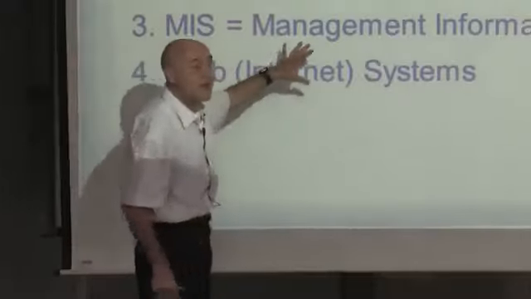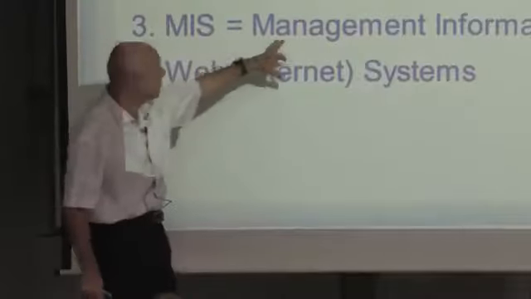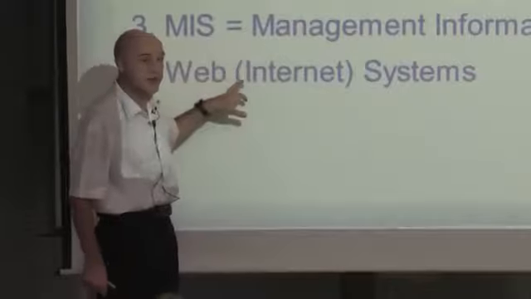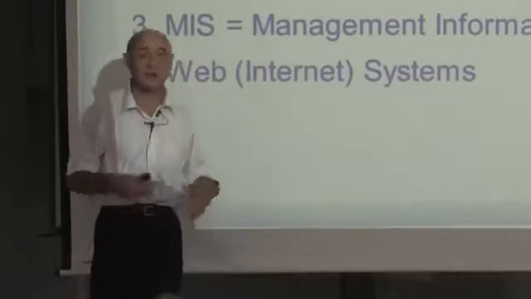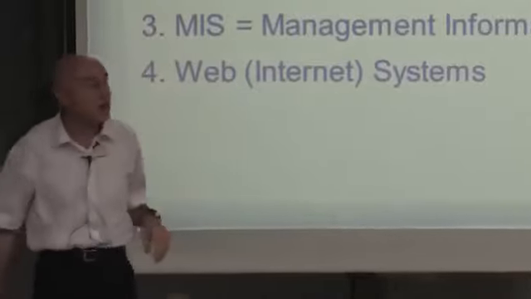It's a fairly helpful course to have. And separately, you may have web systems or internet systems, how to use the internet for marketing or management or whatever things you may do.